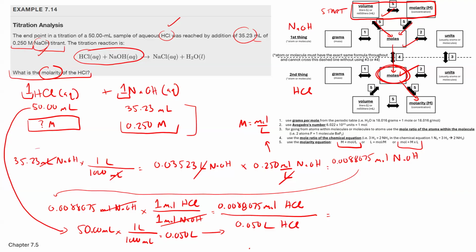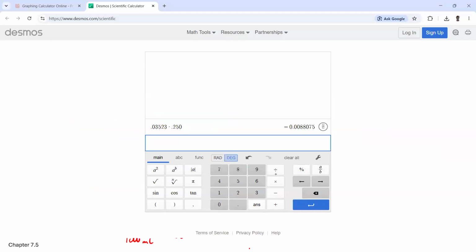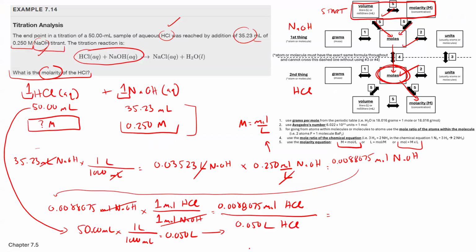So it's 0.0088075 divided by 0.05. Oops, I messed up. Let me redo that: 0.0088075 divided by 0.05. And we got 0.176. We need 3 significant figures because this is 3.